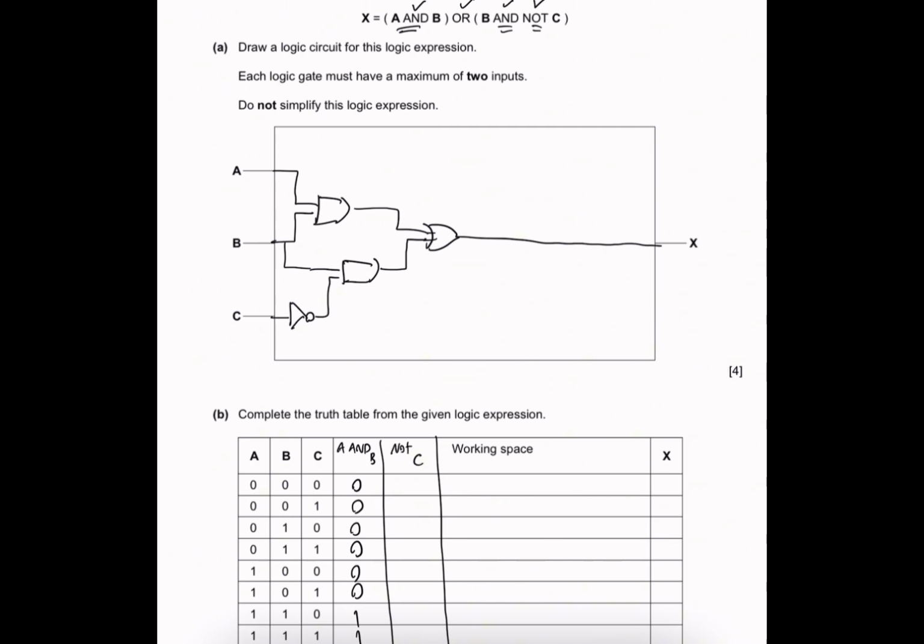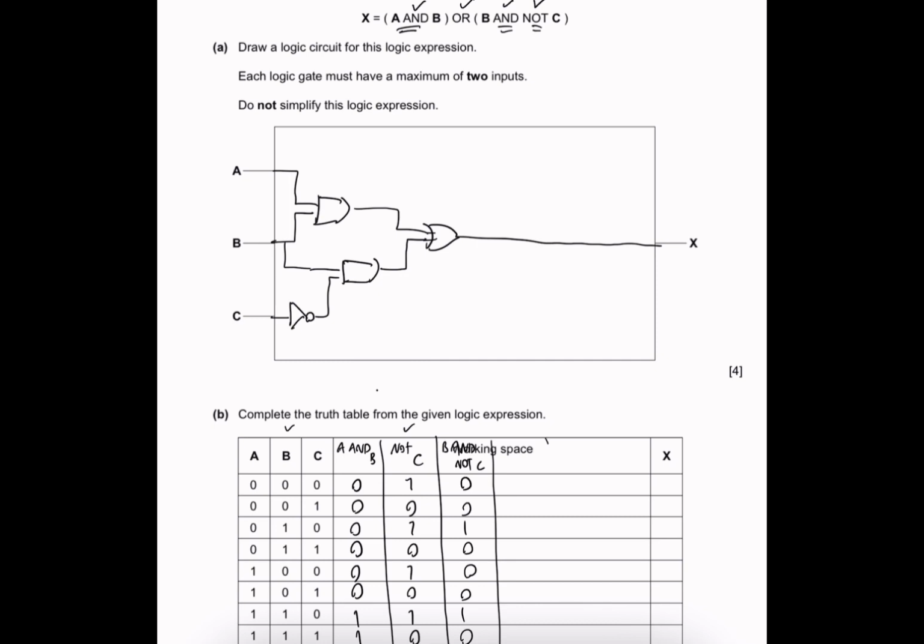So 1, 0, 1, 0, 1, 0, 1, 0. And after that, we can do B and not C. 0 multiply 1 is 0, 0 multiply 1 is 0, 1 multiply 1 is 1, 1 multiply 0 is 0, 0 multiply 1 is 0, 0, 1, 0.